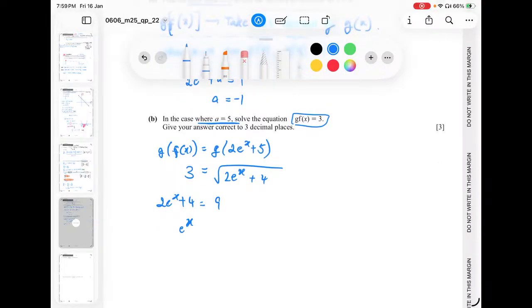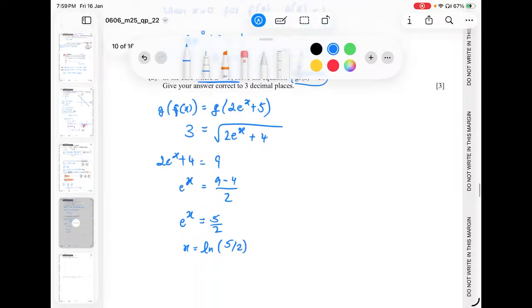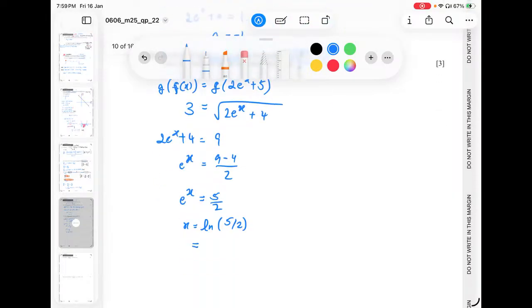e^x, you can find it by (9 minus 4) over 2, which is 5 over 2. e^x is equal to 5 over 2. So x is basically ln(5/2). So ln(5/2) will give you 0.916 to 3 SF, and that's your answer.